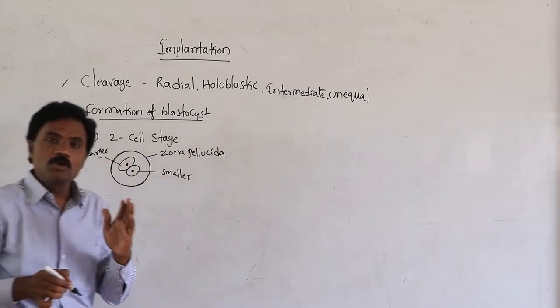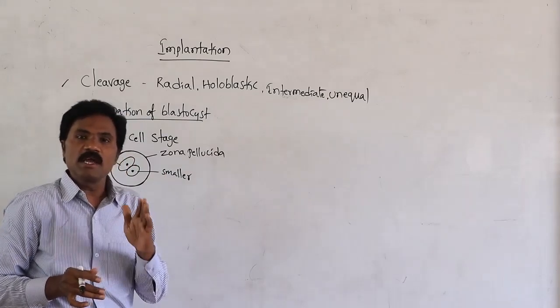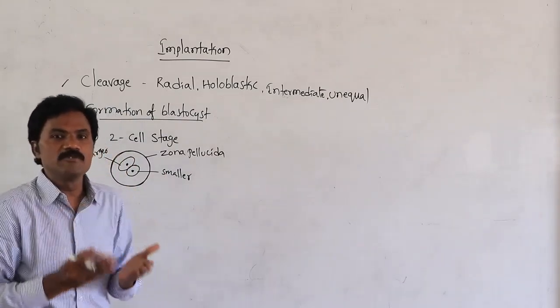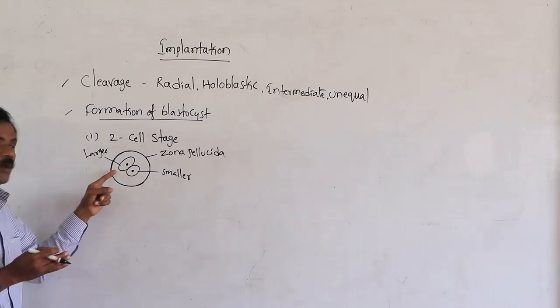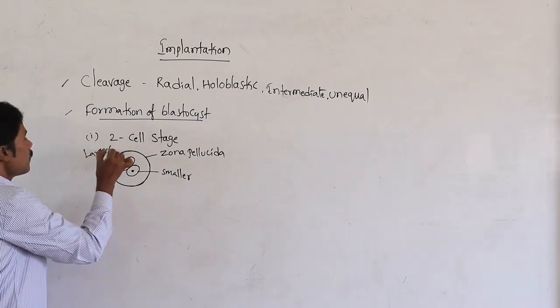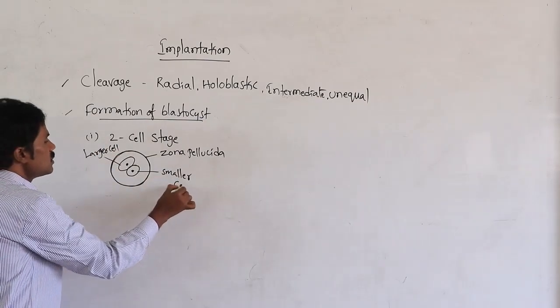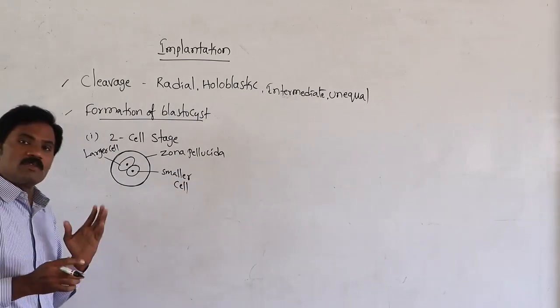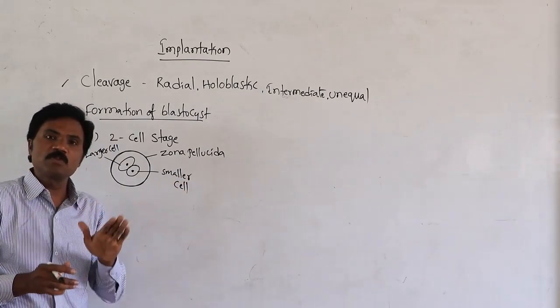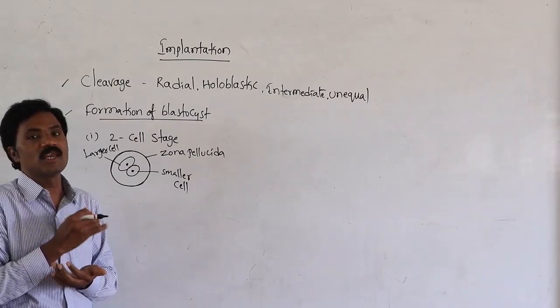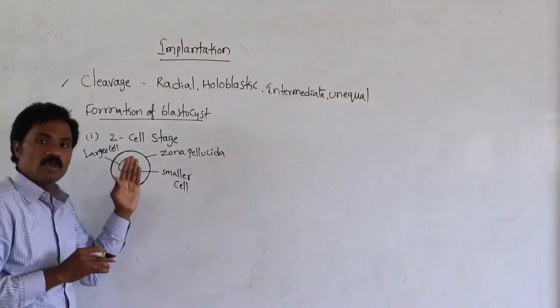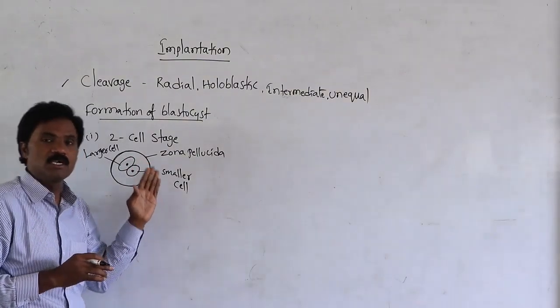So in the zygote, the first division involves unequal division. One is the larger cell, another one is the smaller, with a larger nucleus and a smaller nucleus. This is unequal. This is the two cell stage.